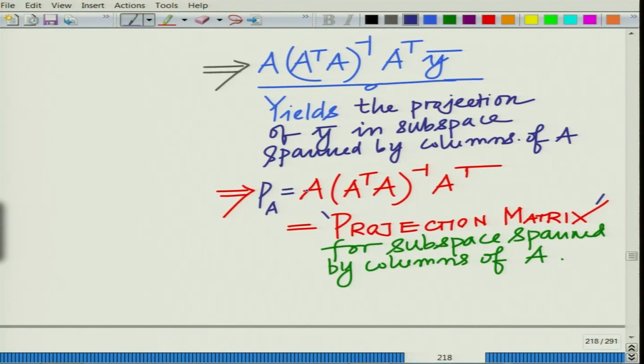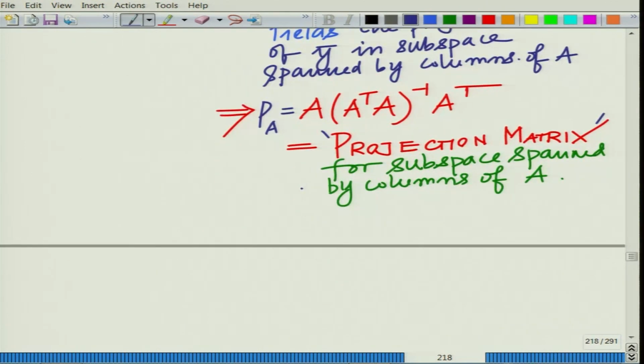Let us call this P of A, P of A equal to A (A transpose A) inverse A transpose. This is the projection matrix for the column space of A, and this has very interesting properties, right.